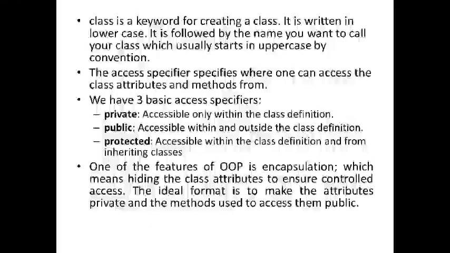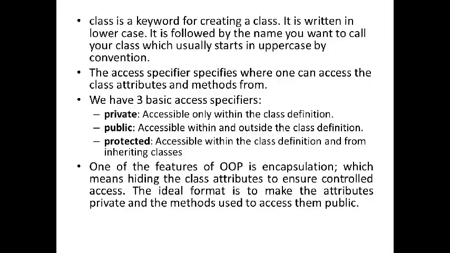One of the features of object-oriented programming is encapsulation, which means hiding the class attributes to ensure controlled access. That's encapsulation. When you encapsulate something, that means you are hiding the thing. So by convention, it is usually good to hide the attributes so that people cannot change them the way you don't want them to be changed.